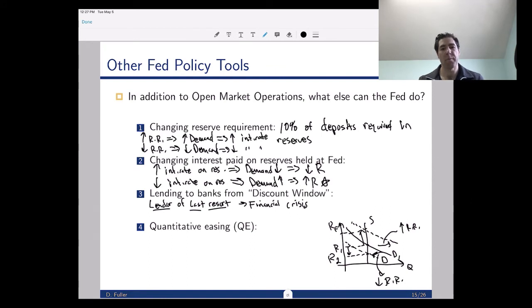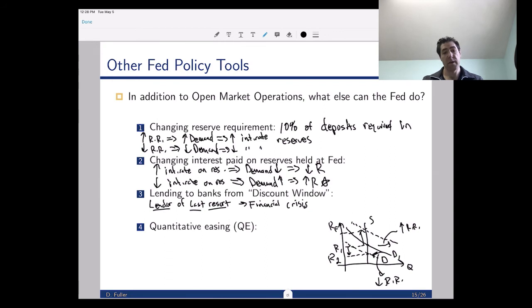And so this doesn't necessarily directly affect the federal funds rate because it's not happening in the federal funds market, but it would generally be analogous to decreasing the federal funds rate. So that's the goal of the Fed here, to increase the quantity of reserves that banks have, which in the end is hopefully going to increase the amount of lending. Okay, so that is lending from the discount window.